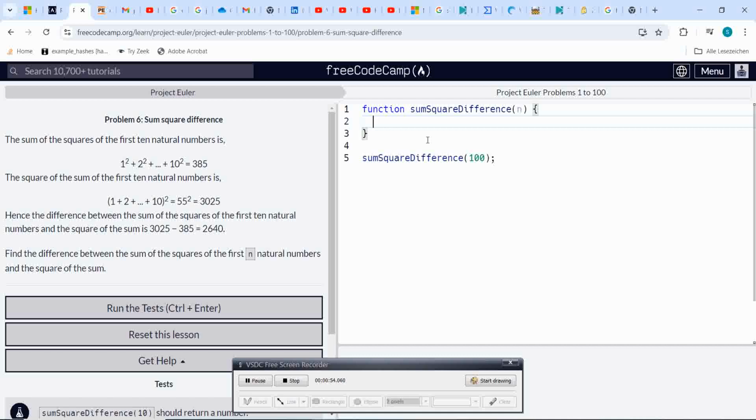Basically, let's square sum. It's a formula for calculating this stuff, and it is n times (n plus 1) times (2n plus 1) divided by 6.